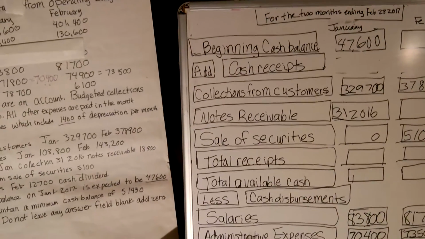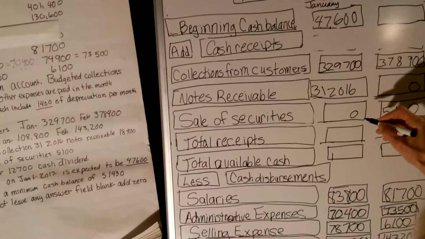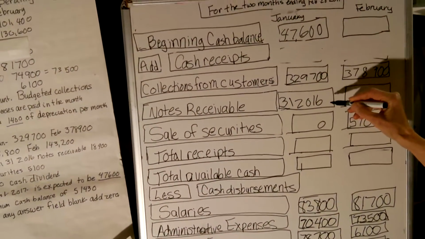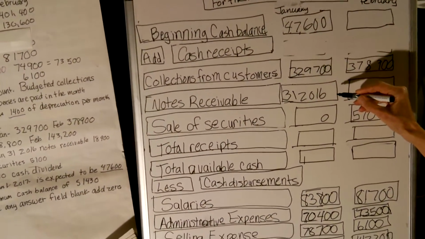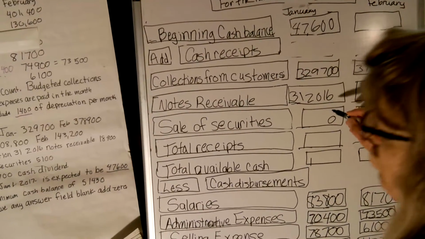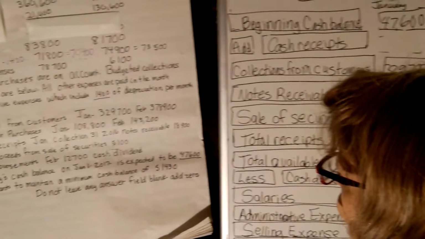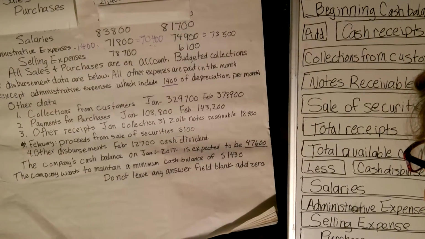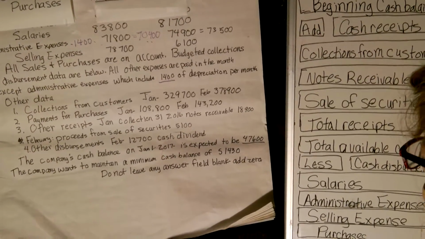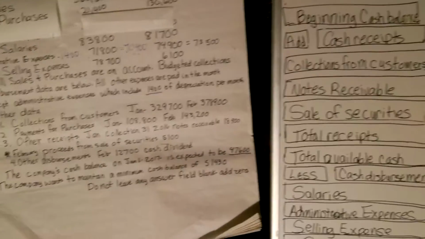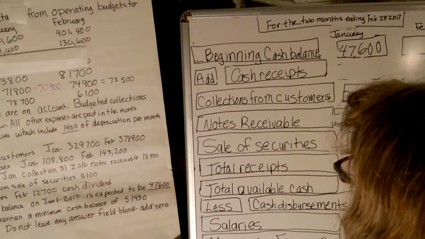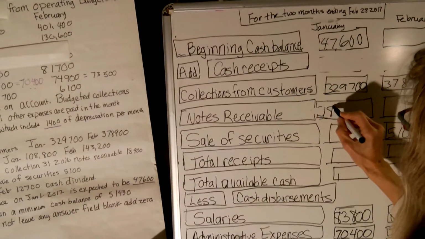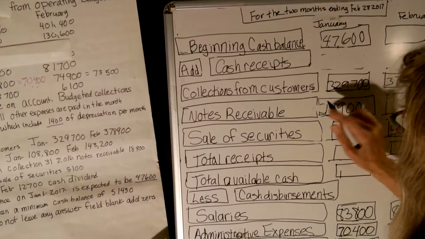So then what we do is we add these total receipts right here. We add 329,700 to 31,200 and 18,900.